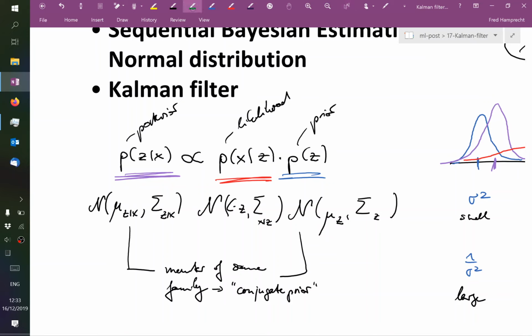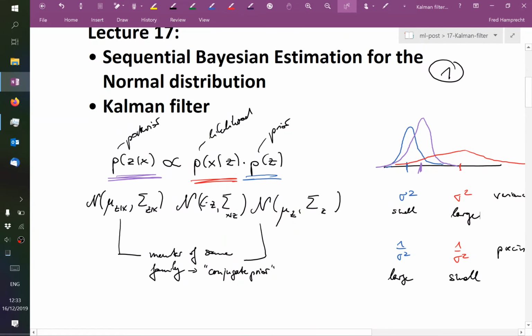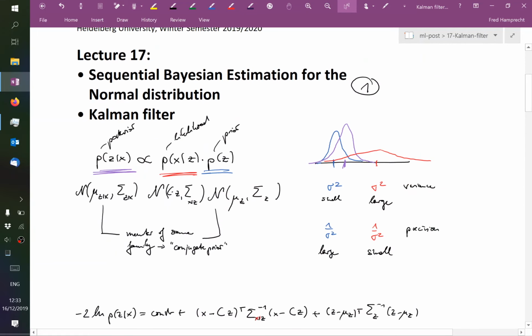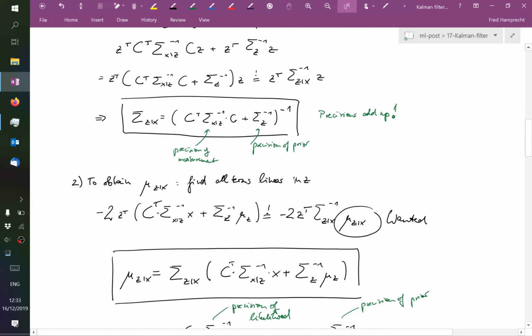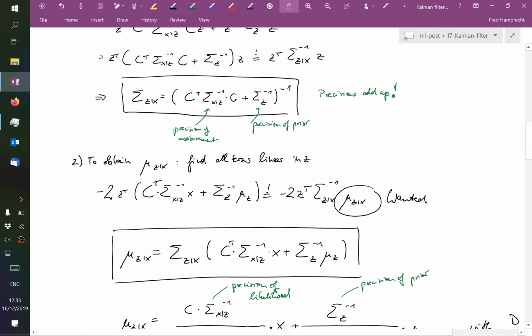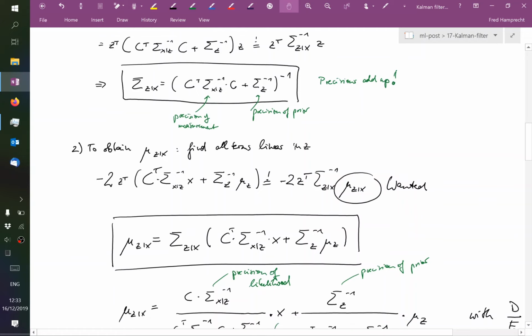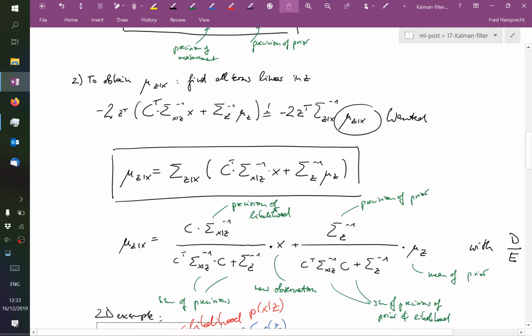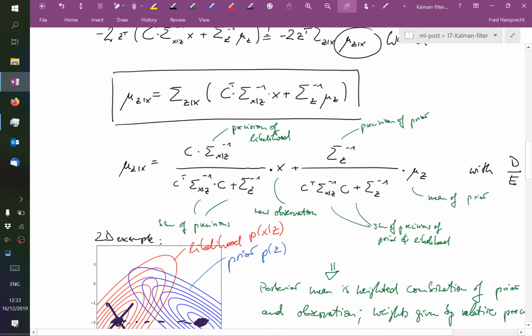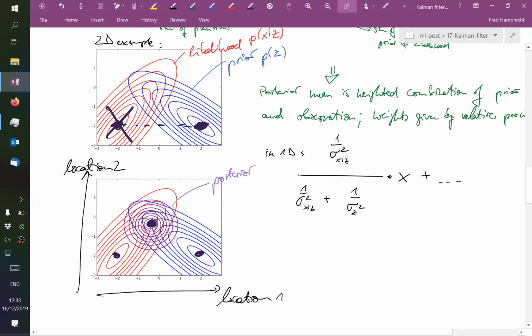And you see now why I introduced this linear transformation capital C, because we need it now. So we had this result, and that means we know how to combine. Namely, we will add up the precisions, and we will take a weighted combination of my prior mean and my new observation.